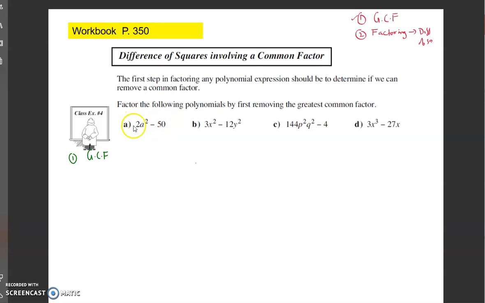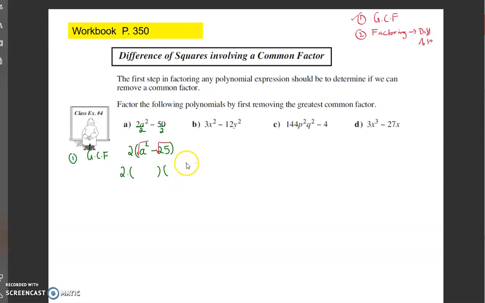When you look at this question, we know that we can take a 2 out. So we can divide out a 2. That leaves you with a squared minus 25. Now this bracket is where you can do your difference of squares perfectly. The 2 comes down as it is. That was already a GCF, so that's not going to go anywhere.